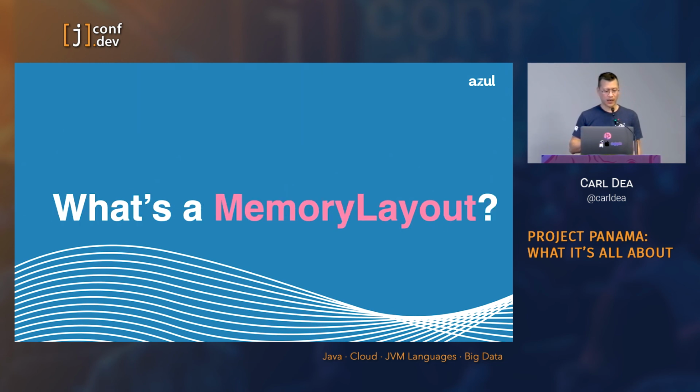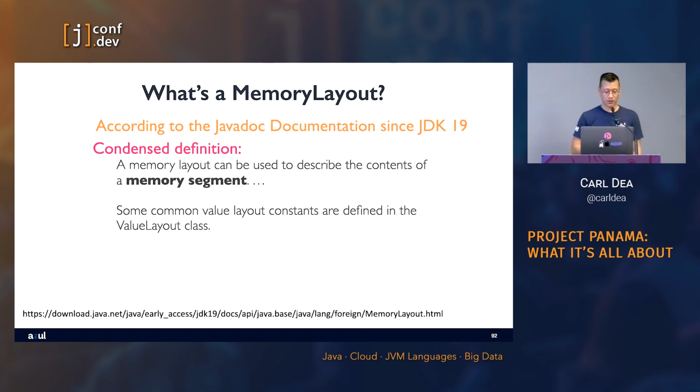So really quick, I did talk about value layouts, but value layouts extend from memory layouts. Memory layouts are just the idea of how to describe things in memory, basically.